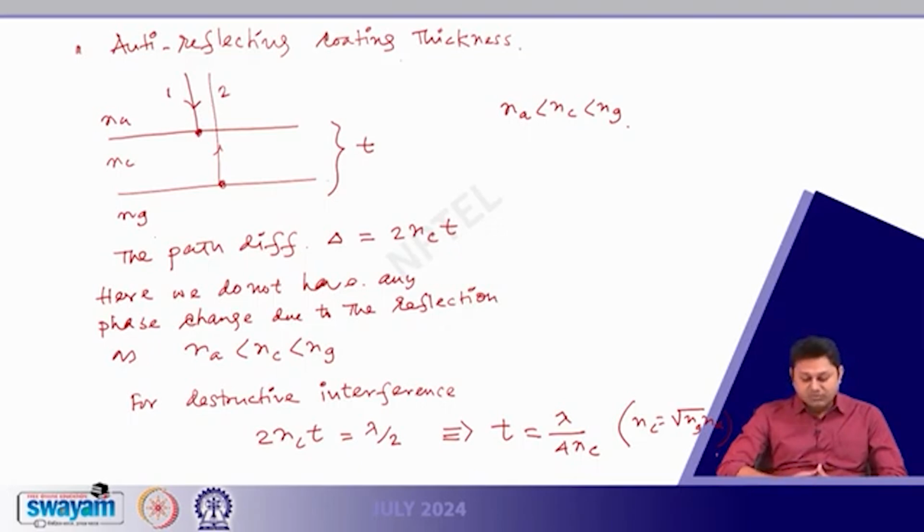And to obtain this destructive interference we need a condition, and that condition we can find from the interference condition itself: the thickness of the coating should be lambda divided by 4 Nc, where Nc is the refractive index. Also we find that the refractive index of the coating can be figured out easily from the knowledge of the refractive index of the air or any other material where this glass is placed.